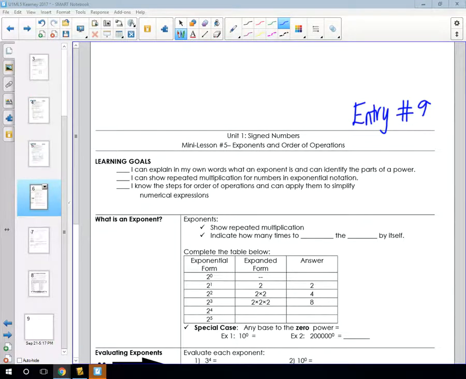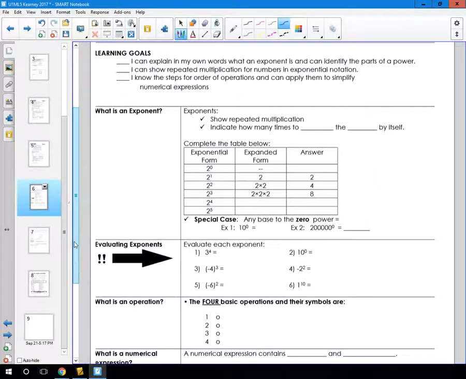So if you have 2 to the 3rd power, exponents show repeated multiplication. So this right here is my base, and this is my exponent.